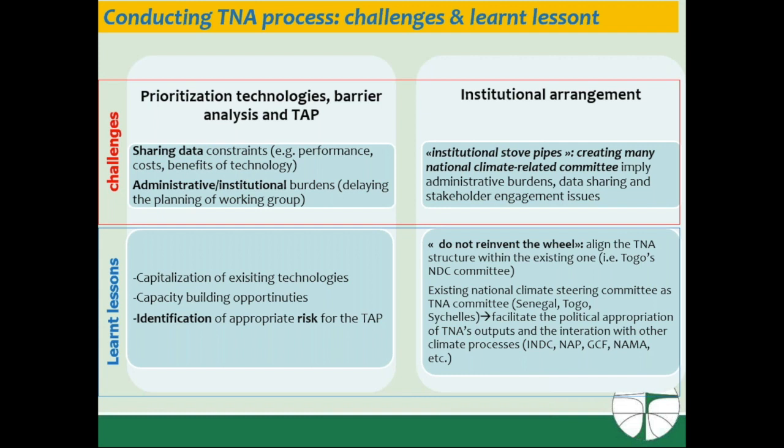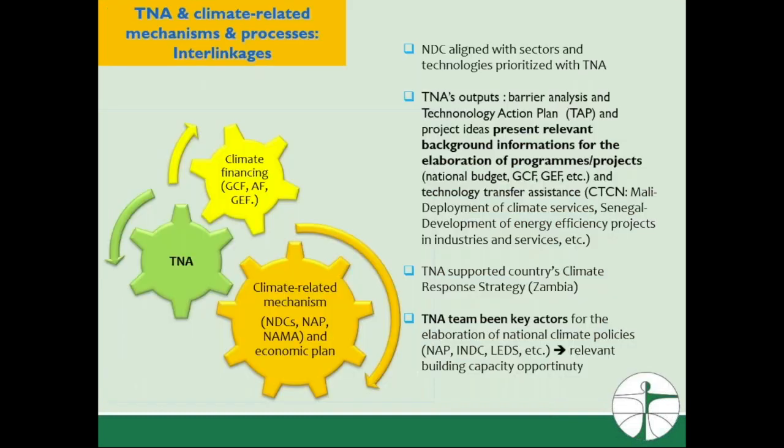And we know that the TNA 4 will start soon, and these are things that can be taken into consideration for the implementation of the TNA process 4. And also, what we learn is that TNA really is a pathway to implement other climate technology processes.